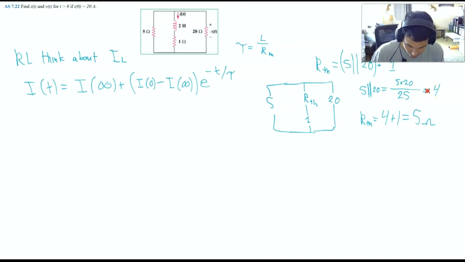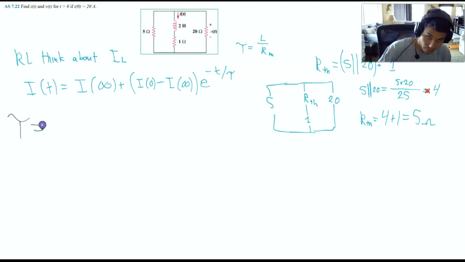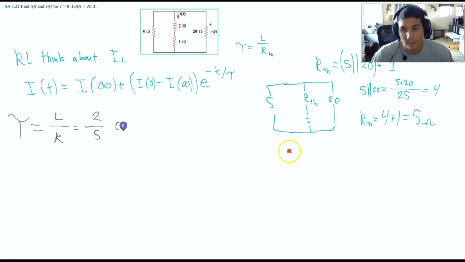Okay, so we could say that tau is equal to L over R, where L is 2 and R is 5. Okay, so that's good. This is in units of seconds, so we're nearly already done. Now we just have to ask ourselves a question: what is I of infinity? Well, it's just an RL circuit, right?